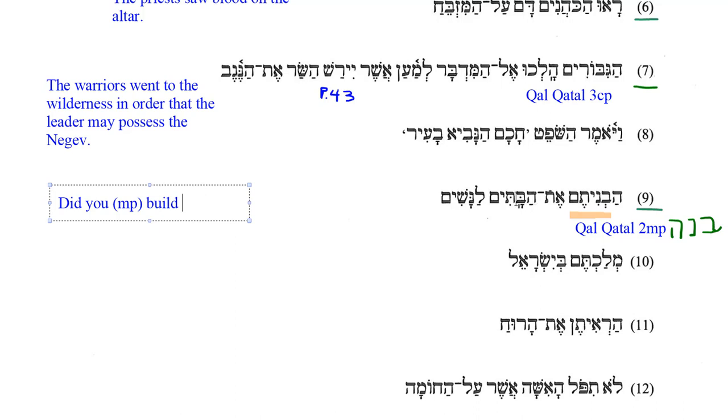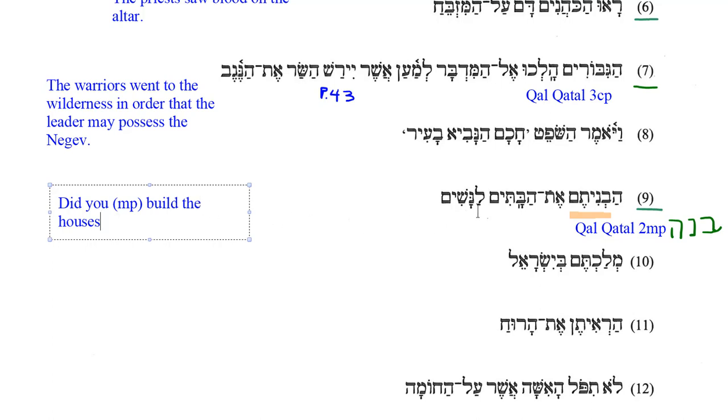And then ha-batim, and batim is the plural for house, bayit, and we have a definite article here. So this is a normal one because notice we have the hey patach plus the dagesh forte in the bet. So we have, did you build the houses?